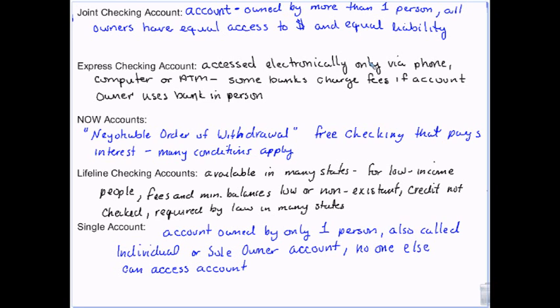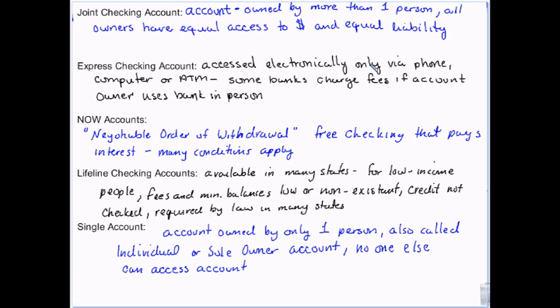So it's a way for people to get a bank account that wouldn't otherwise be able to get one, because maybe the banks in that area, they all have a minimum opening balance. Like you have to have $200 to even open the account. Well, the Lifeline account would be somebody that can't even come up with the $200 would be able to open an account, or somebody that was in Check Systems or had bad credit would be able to open an account.